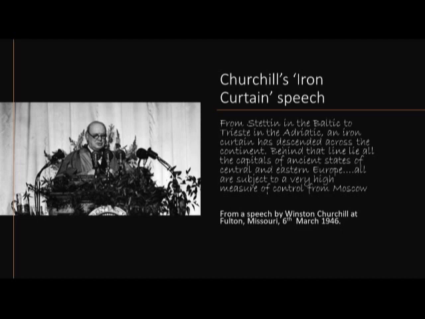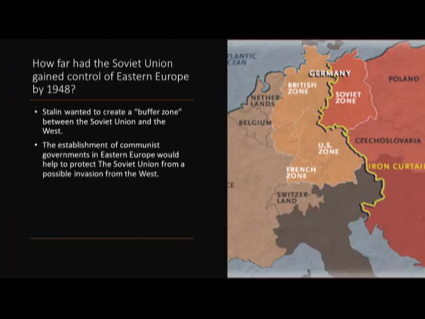And effectively, everything he said was true, because this is what Stalin was doing. Stalin was gradually taking over the countries of Eastern Europe through rigged elections and imposing communist governments. Stalin responded to this speech. He called Churchill a warmonger. Within a year, these two old wartime allies had completely fallen out with each other.